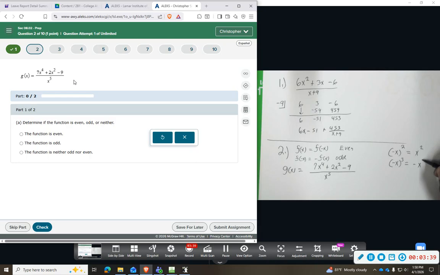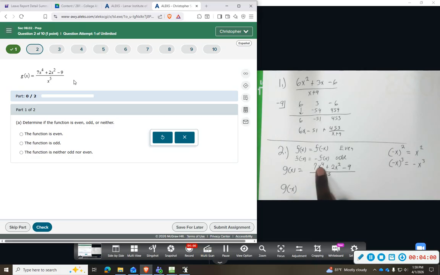Okay? So either there's going to be a sign change or there's not going to be a sign change. That's pretty much what we're looking at. And so to do the g of negative x, I'm just going to kind of talk you through it. We're going to be changing the sign if it's odd power, leaving it the same if it's even.